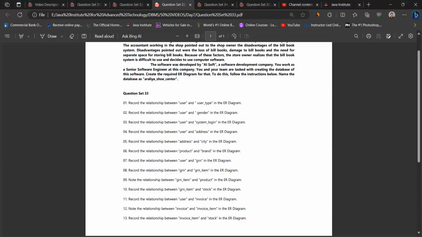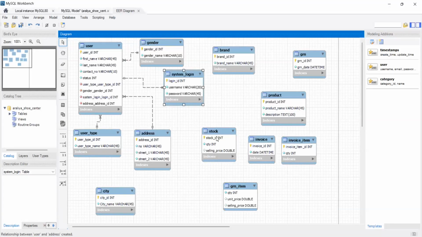To the next question, record the relationship between address and city. Address and city.